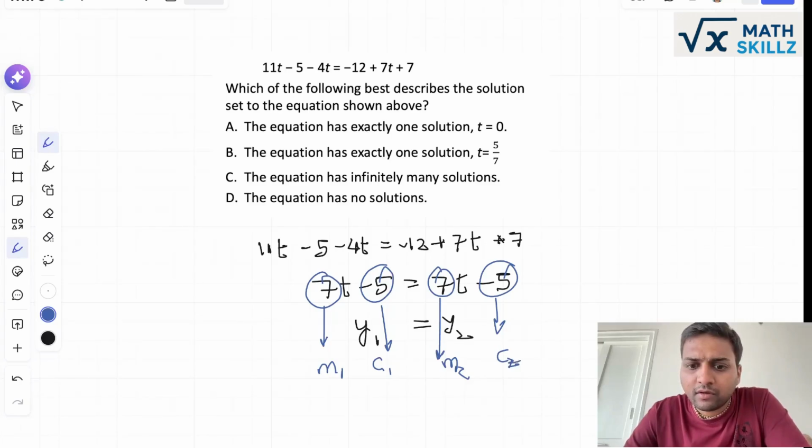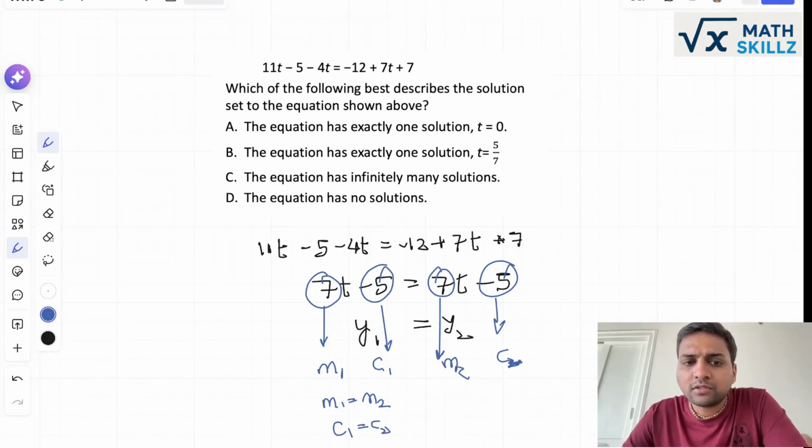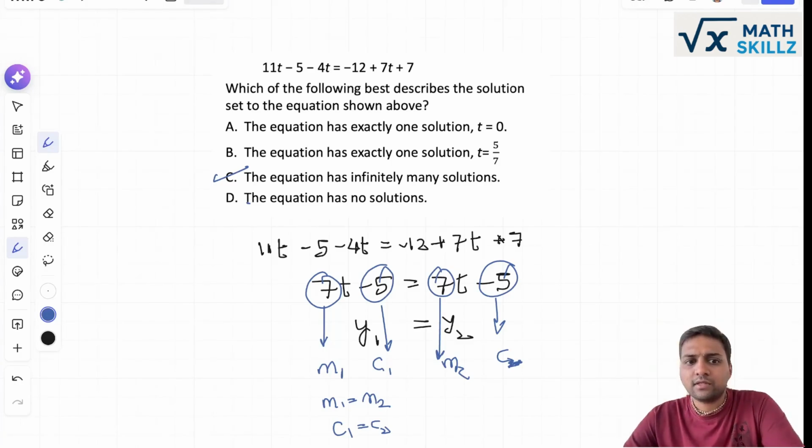If you observe, m1 equals m2 and c1 equals c2. This condition gives infinitely many solutions, because both the slope and the intercepts are the same. So the answer is C, the equation has infinitely many solutions.